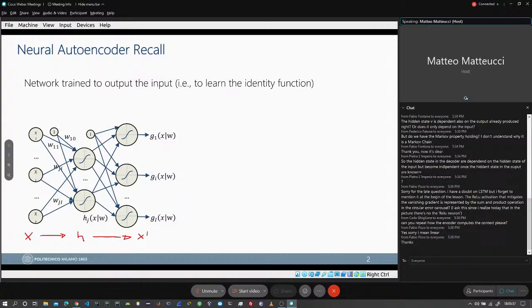So on first sight, what an autoencoder does is just learn the identity function: you get an input x, and as output you get the very same input.